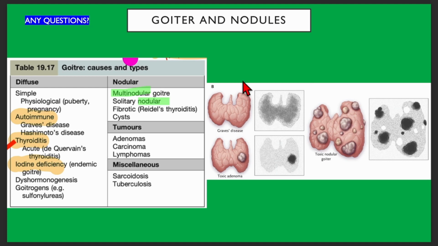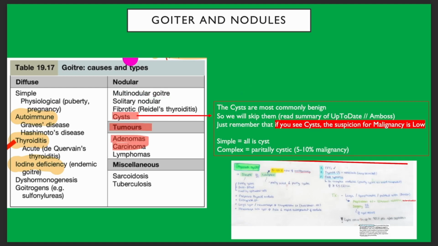So moving on, there are some cysts in the nodules. They are not tumors, but they are cysts. The cysts are most commonly benign, so we will skip them for this lecture. You can read just the summary of UpToDate or AMBOSS just to understand what the cysts are. Just remember that if you see clear cysts, the suspicion of malignancy is low. Simple cyst means that everything is cyst.